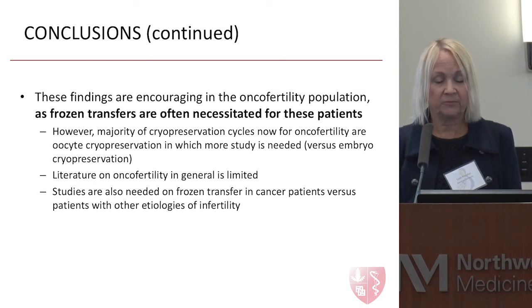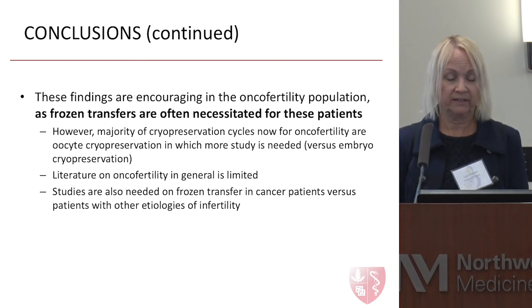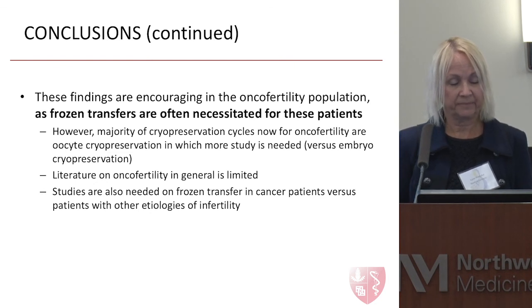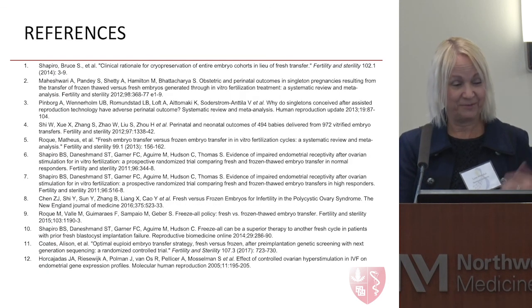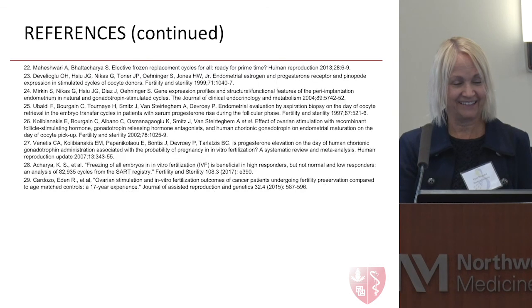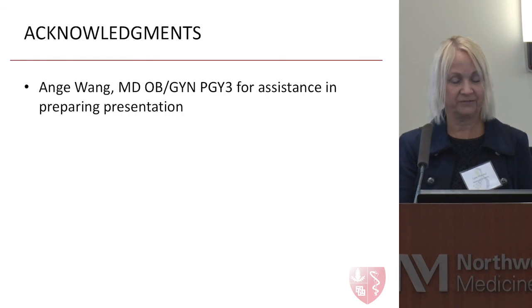However, the majority of cryopreservation cycles now for oncofertility are oocyte cryopreservation, and we need a lot more studies in this group. And I think studies are also needed on frozen embryo transfer in cancer patients versus those with other types of infertility.